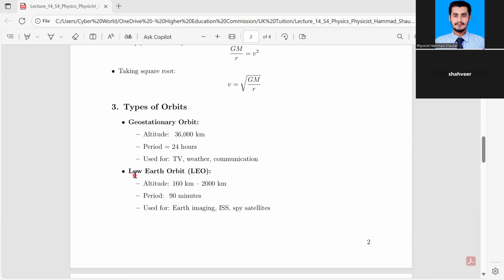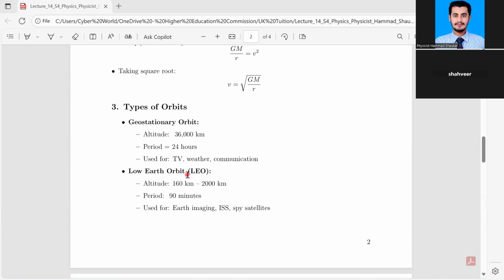Now move on towards the lower Earth orbit. Let's suppose your satellite is moving at an altitude of 160 kilometers above the Earth, or approximately 160 to 2000 kilometers. At this altitude, you can say your satellite is moving in lower Earth orbit.